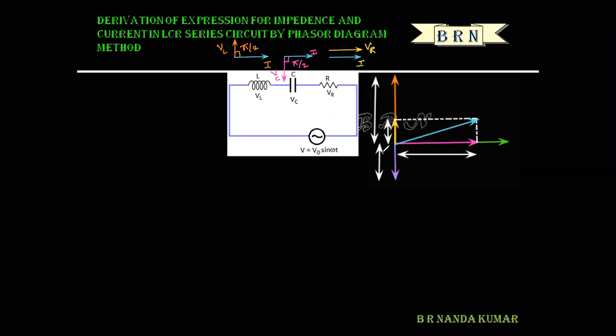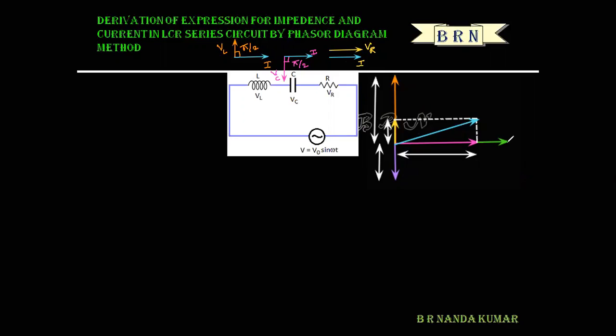So the potential difference across R, that is VR, is in phase with the current. So this green arrow mark shows the rotational vector of current through the inductor, capacitor, and resistor. Here the current flowing through the inductor, capacitor, and resistor is the same.